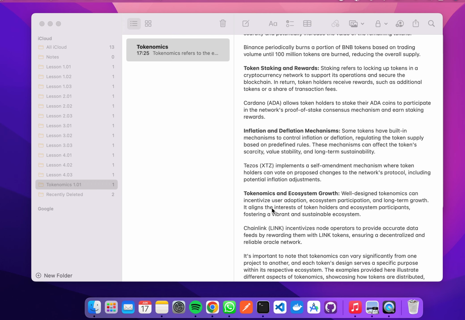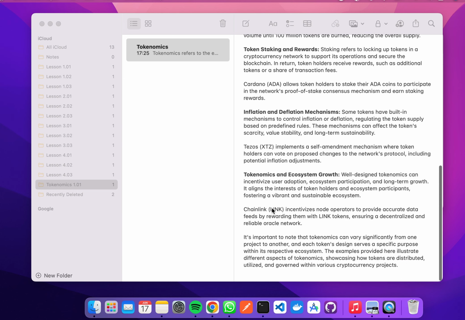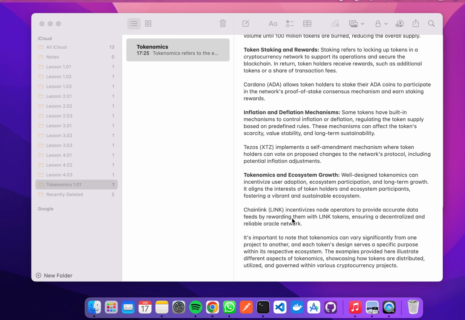So these guys that operate these nodes can be offered some incentive. Maybe they can be offered some tokens for operating this node for a given period of time. This ensures a decentralized and reliable Oracle network in the case of Chainlink.